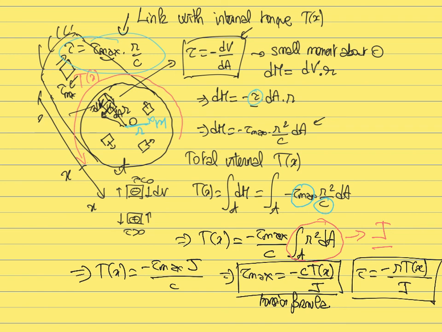So now you get the formula that gives you the internal shear stress within this member, not at the surface, but inside the member at a given distance r from the center.